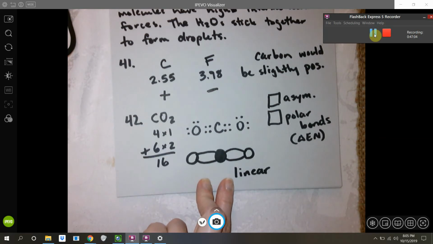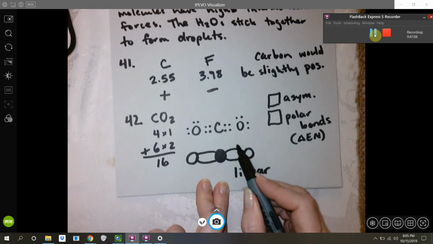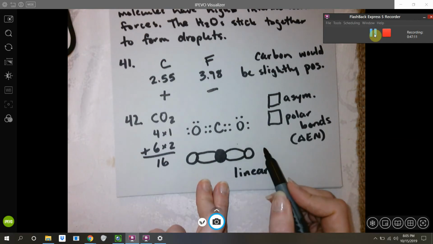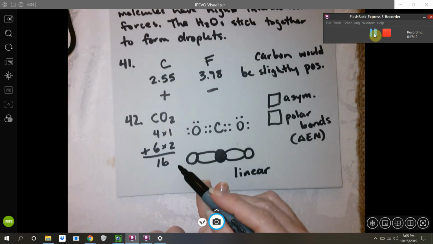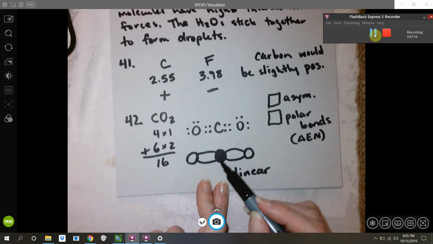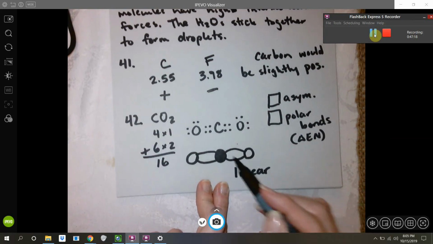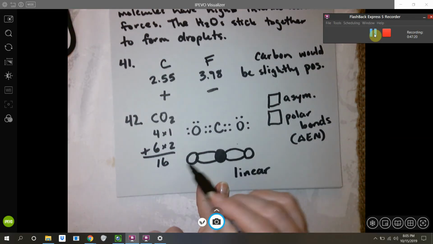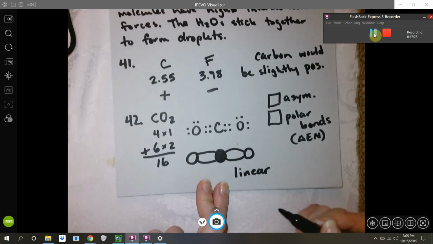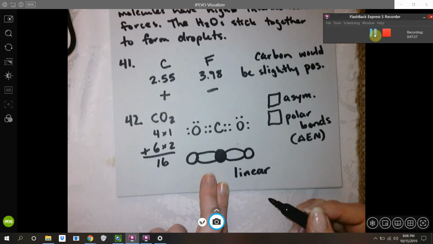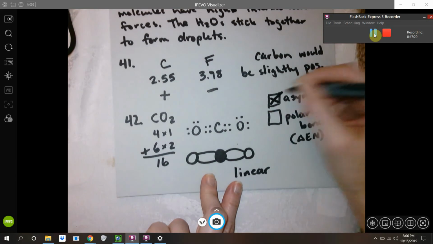So if it's linear, the electrons are being pulled to one side and to the other side, right? But not in a way that leads to one side of the molecule having that positive and one side negative. They just pull the electrons out, right? Which doesn't really get us that asymmetry. So we have failed this first test.